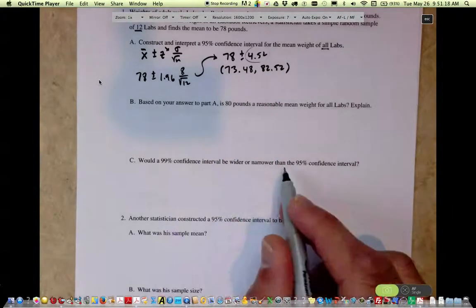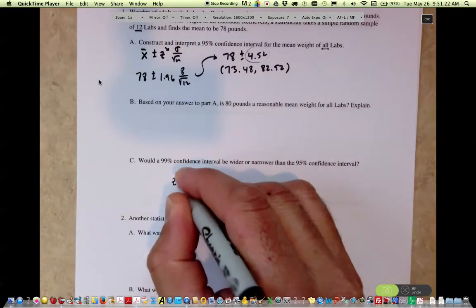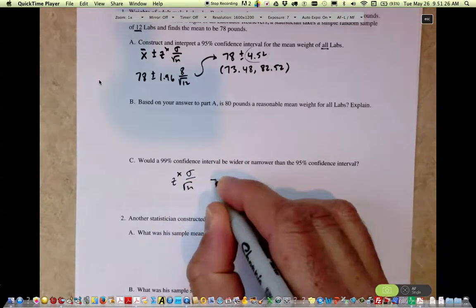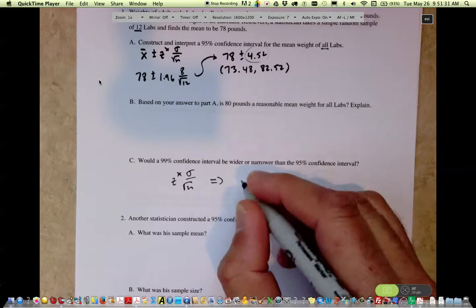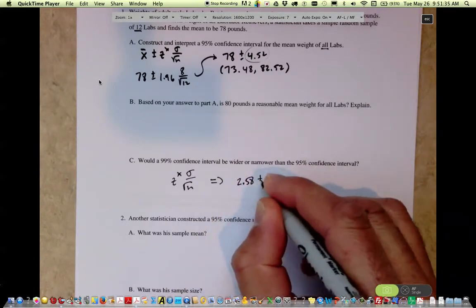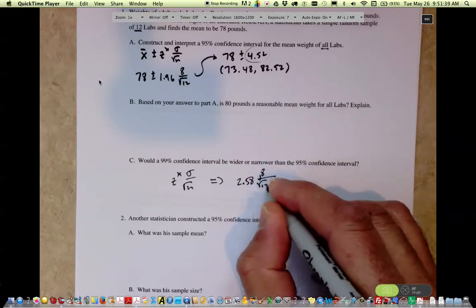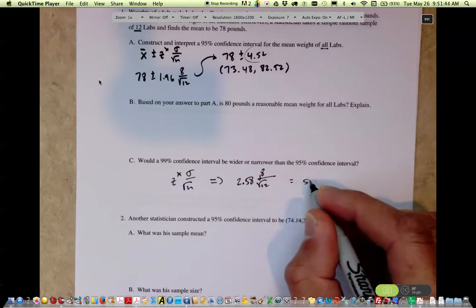If we calculate the margin of error on this one, the margin of error is z star times sigma divided by the square root of n, and in this case, that z star for 99% confidence is going to be 2.58, and then times sigma, which was 8, divided by the square root of 12, and you're going to get the margin of error here is about 5.96.